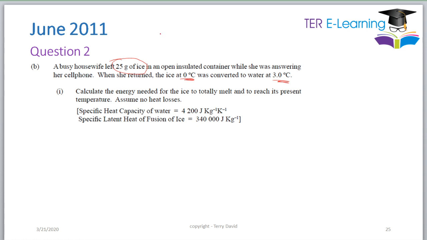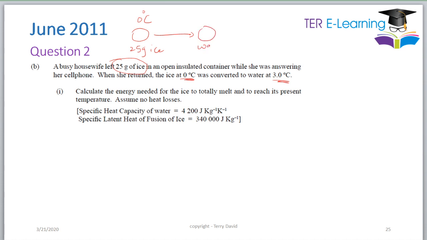Okay, so like I said, with these questions, you draw a diagram to visually see what's happening. So you have 25 grams, right? And this is ice. And they're telling us that the ice is at 0 degrees C, right? Then that ice needs to be converted into water.